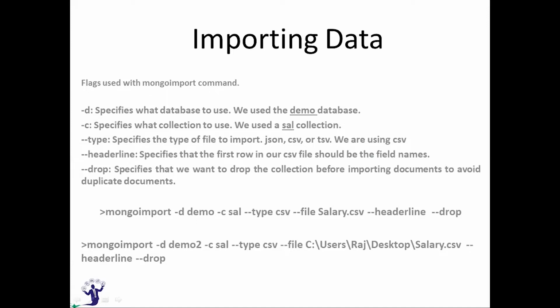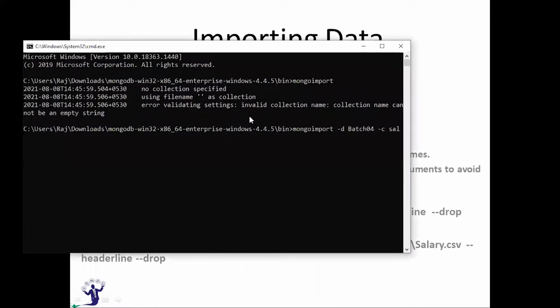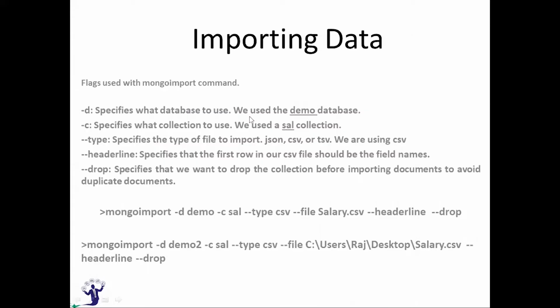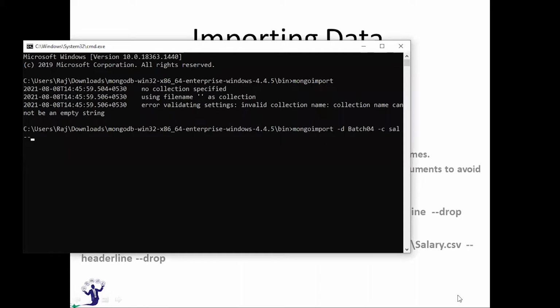Then --type, to specify the type of file to import. It could be JSON, CSV, or TSV. You can specify it is a CSV file over here, which I have given you. So --type csv.